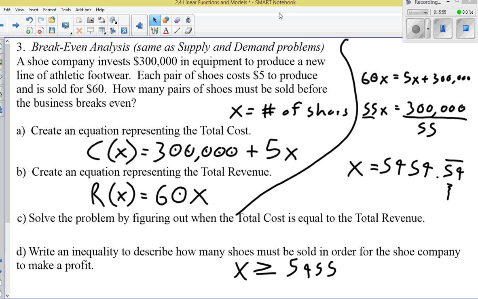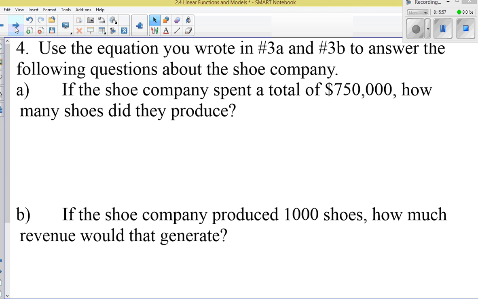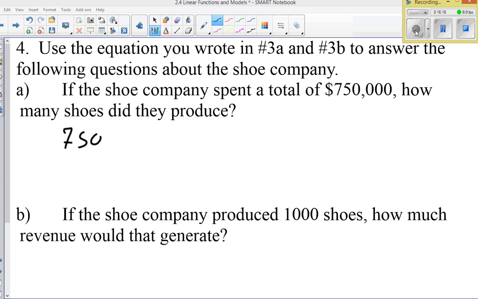Okay, so let's look at our last example here. Continue using the equation that we found in the previous one. If the shoe company spent a total of $750,000, how many shoes did they produce? I'm going to use my cost equation. My cost is $750,000, and that's equal to the $300,000 we put in initially plus the 5x.